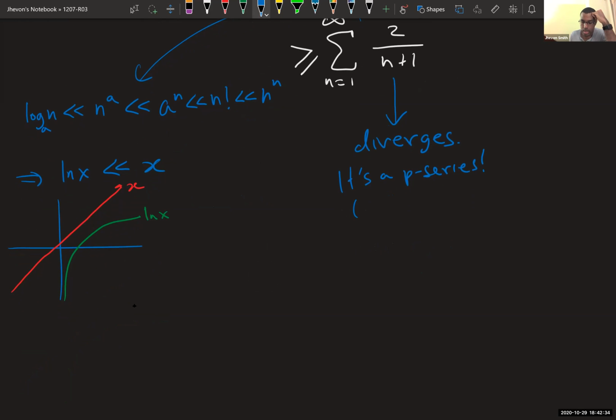Notice that if you set, say, k equals n plus 1, then you get the series 1 over k, well, of course, times 2, with k starting from 2. Probably want to actually shift this first.